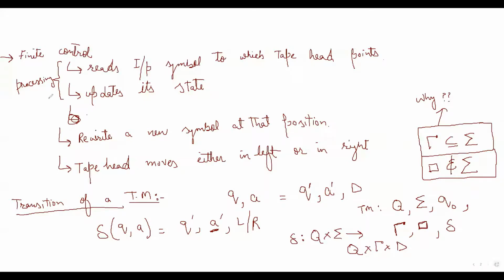So let me make you understand here. So we have a Turing machine. Fine. So this Turing machine has this as finite control. Fine. And this is the input tape.